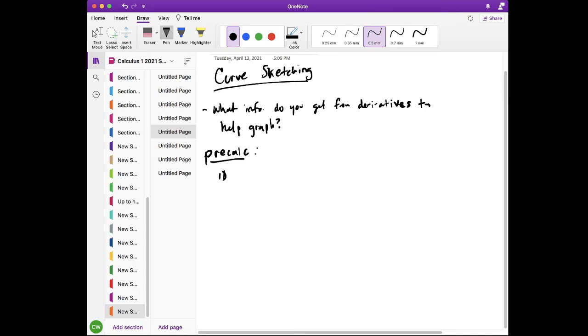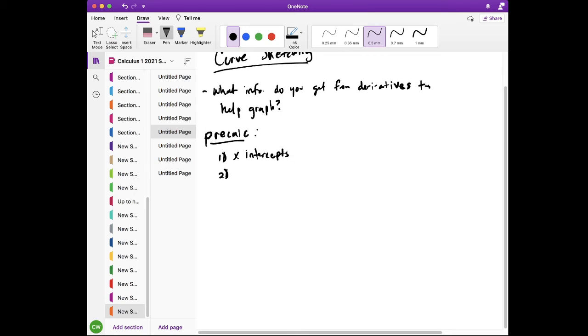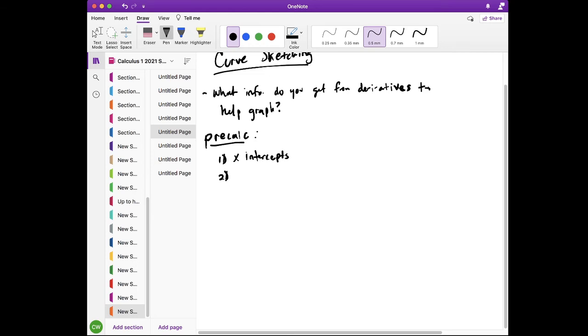Yeah, zero values, so like x-intercepts. We can do that without calculus. How else? Yeah, sure, end behavior, and we're going to call it something different in calculus. What's end behavior in calculus?